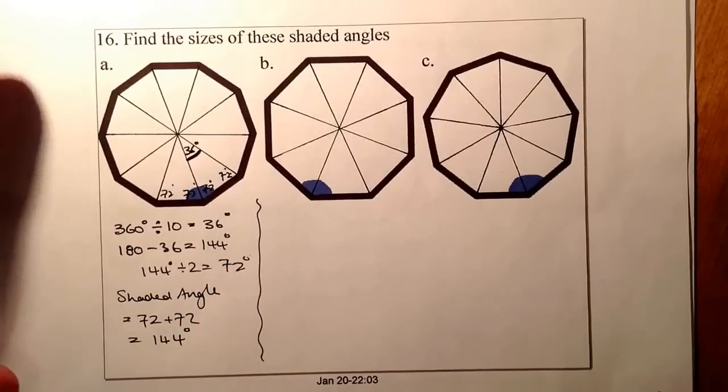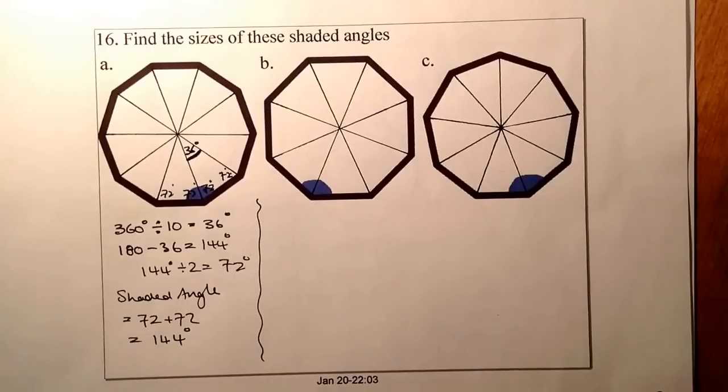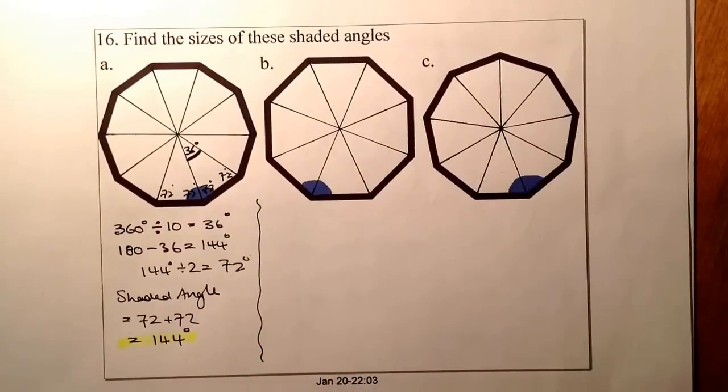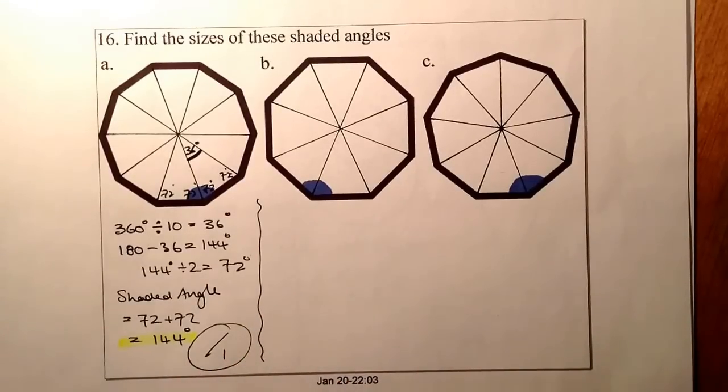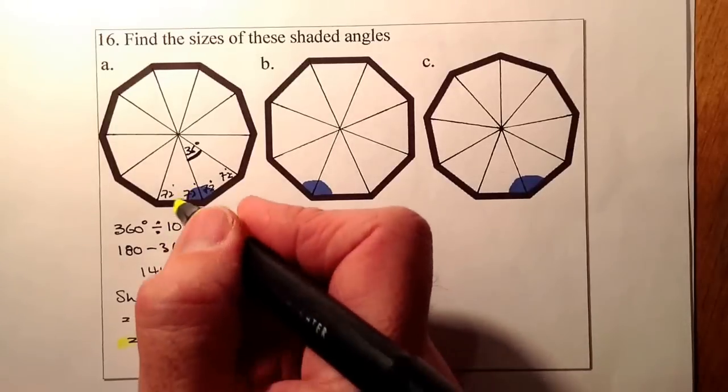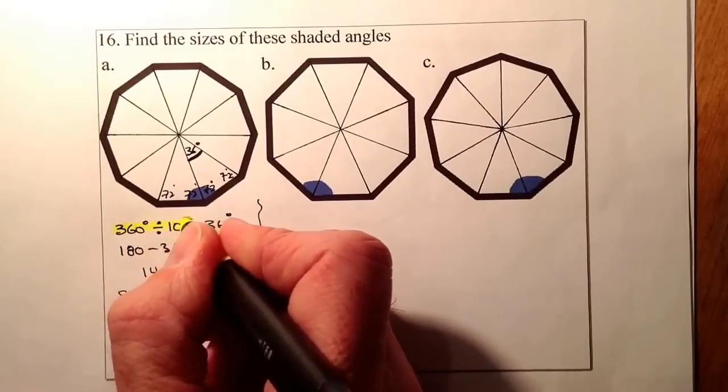Right, for marking this one here, we'll have one mark. There's only one mark here that will go towards the 1.4 assessment standard, and it's really going to be just getting the answer that's there. So that's going to be out of one mark for this part. There is one other mark that we'll get, and it's going to be for this part here.